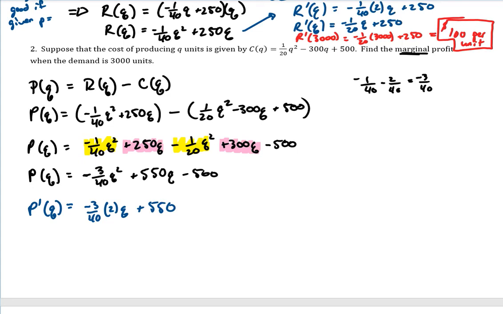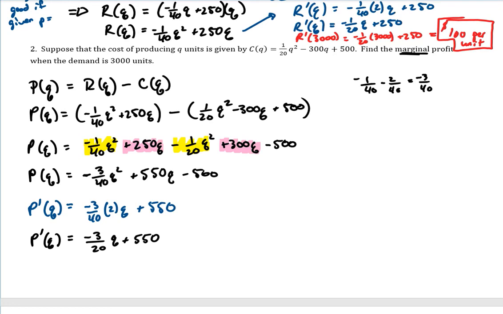Okay, so there's the derivative, and then let's simplify that last fraction. So P prime of Q is, well, the 2 and the 40 would divide. So 2 divides 40, and we would have 20 in the denominator. So we'd have negative 3/20ths Q plus 550. All right, so there's our marginal profit function.